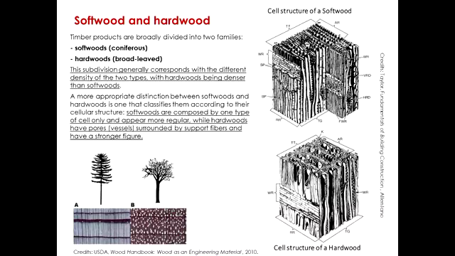Also, the softwoods, as you can probably see from this image here, are made of one single cell type, while hardwoods have a variety of irregular pores and vessels. So softwoods are more regular, and hardwoods are not. That's why these are mainly suitable for cladding and flooring, and these are suitable for structural purposes.